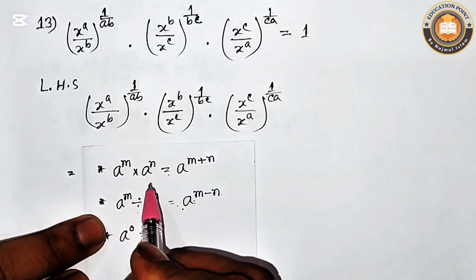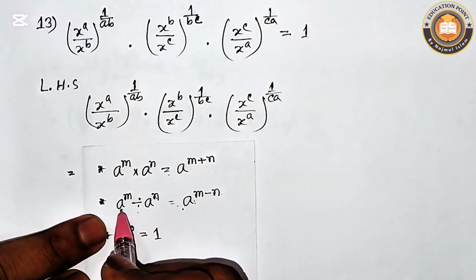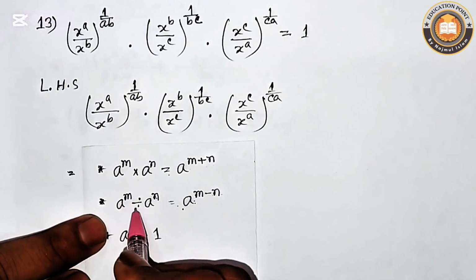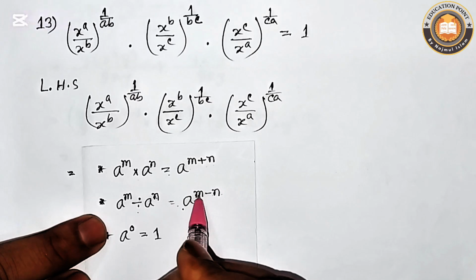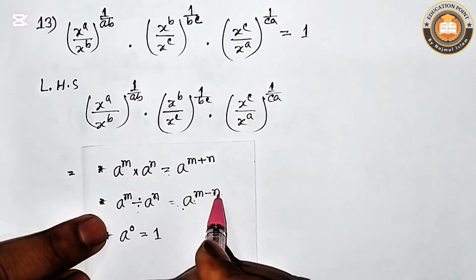Here we will apply the index law of division. That means a^m divided by a^n equals a^(m−n).